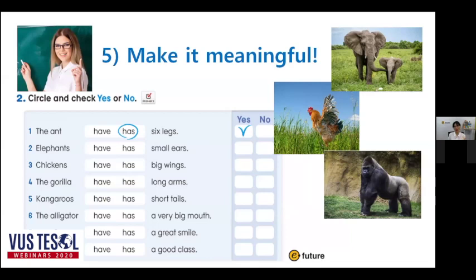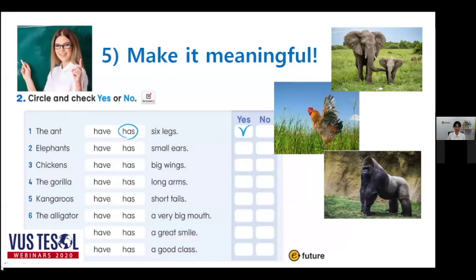If they think they have a great smile, then they'll check yes. If they think they don't have a great smile, then they'll check no. So how about you? Do you have a great smile? If yes, then check yes. How about me? Do I have a great smile? If yes, yes. If no, check no.